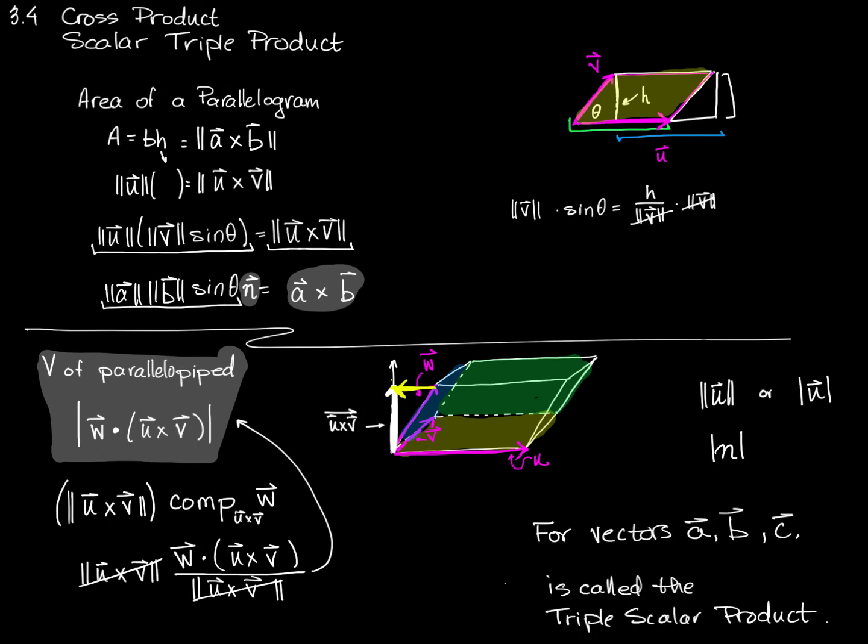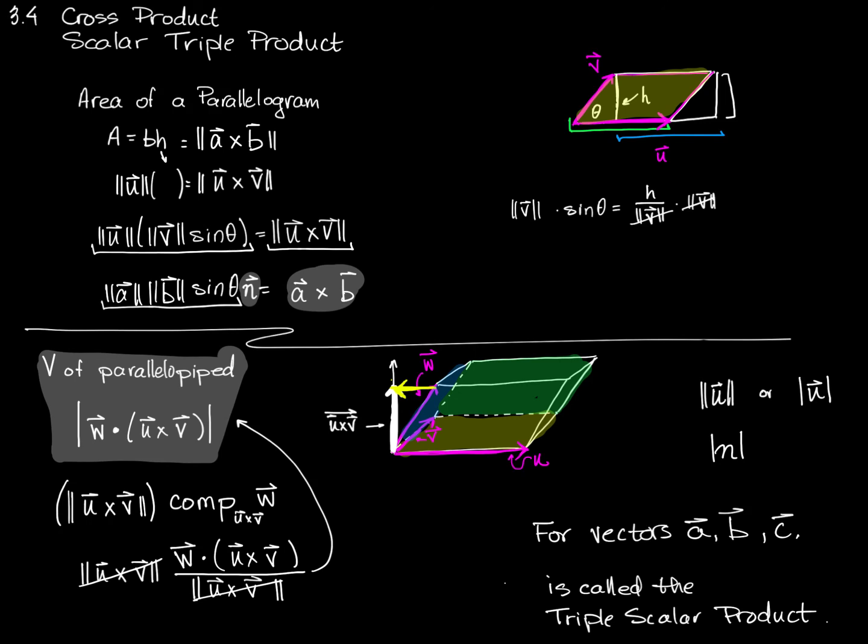One last observation here. We have been playing around with this thing, this dot product of one vector and the cross product of two other vectors, this also being a vector. But it has a name, and it's called the scalar triple product.